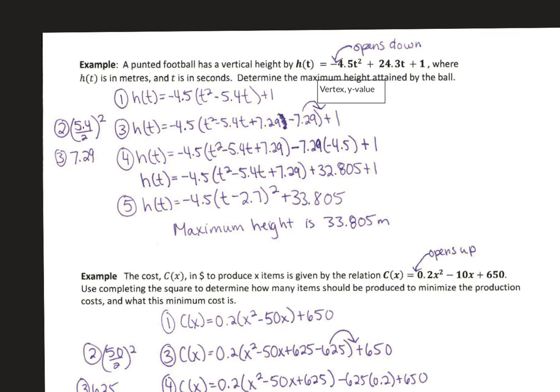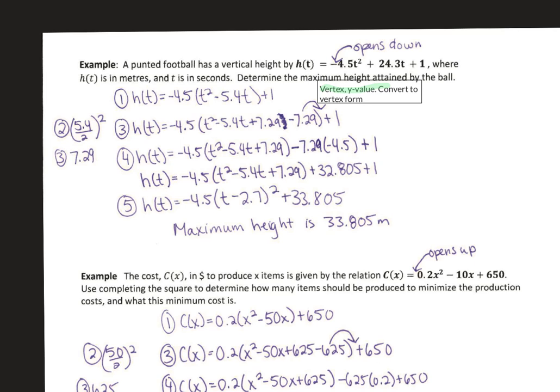So our maximum height is going to be the y value of our vertex. Okay? So if we're in standard form, when we need to find the y value of our vertex, we need to get it into vertex form. So that's what we're trying to do here.